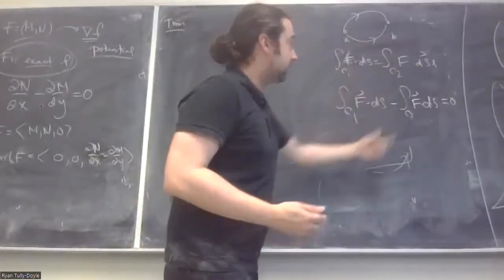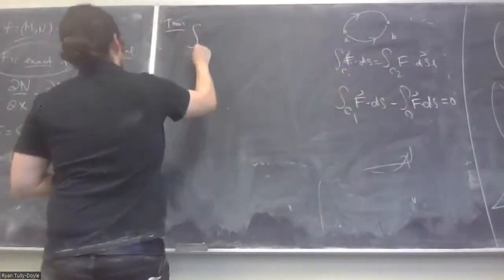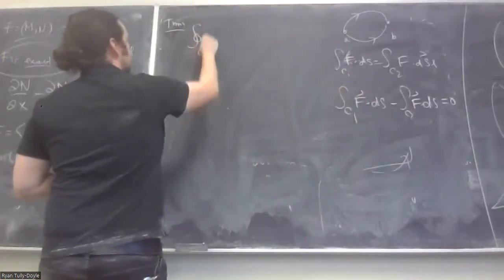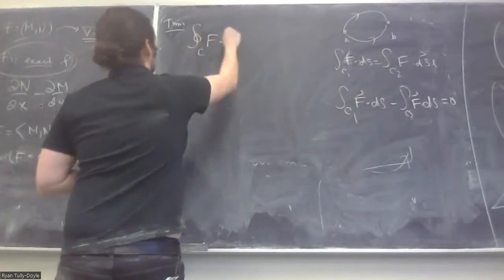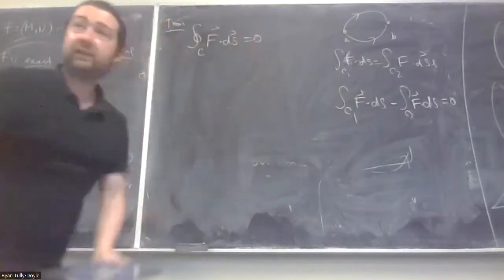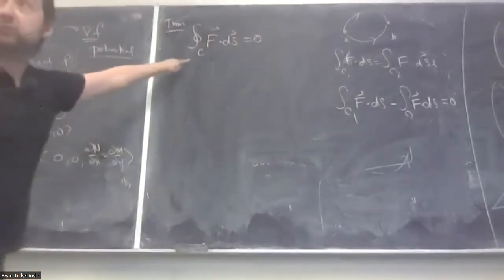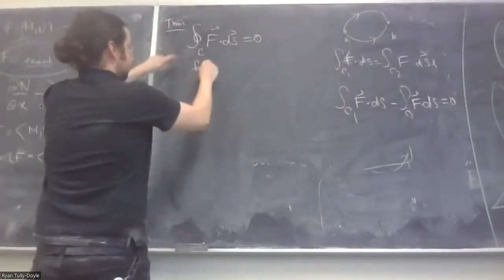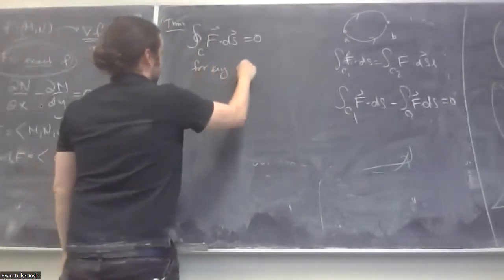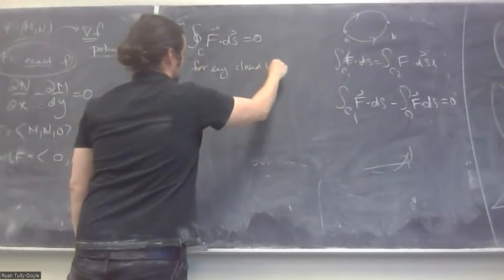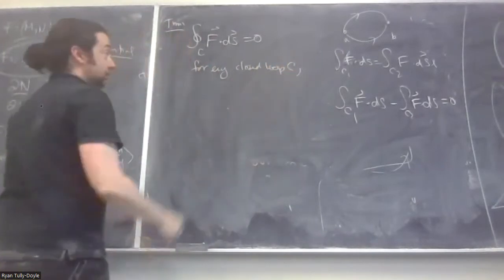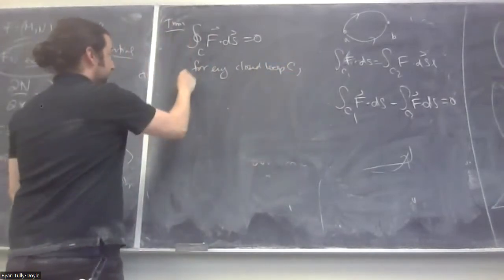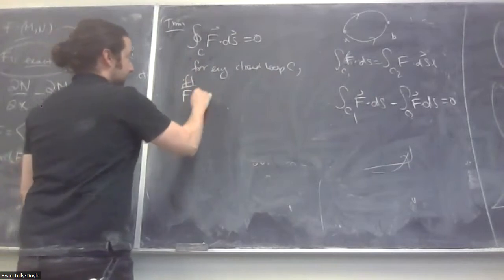Path independence is the same thing as saying that the integral around a closed loop C of F dot ds is equal to 0. If that's true for every closed loop C, then that's true if and only if F is path independent.